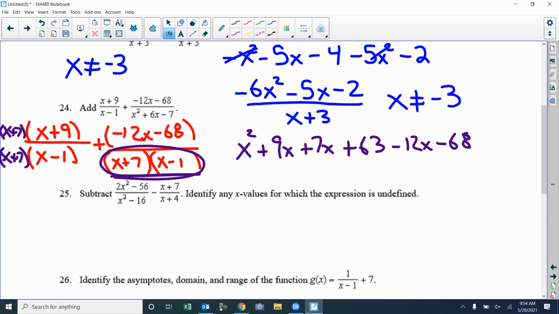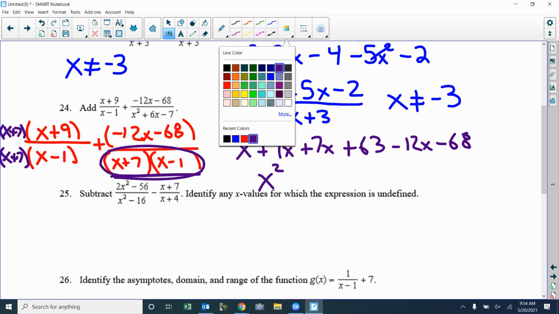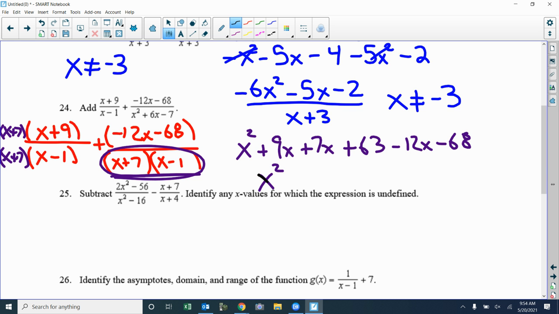All right, the top, can we put some stuff together? We certainly can. We're gonna have x squared, so that takes care of that. I have 9 and plus 7 gives me 16. Minus 12 gives me positive 4x, so that takes care of our x's.